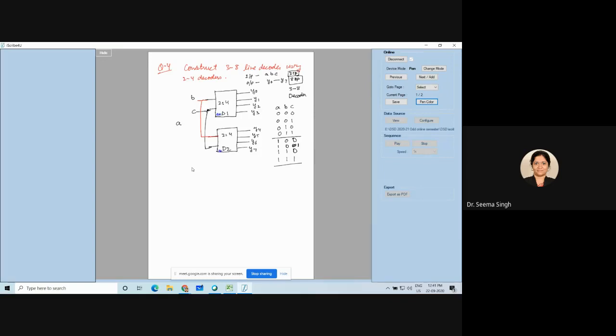A will be connected with a NOT gate to this enable input. Then for the enable input of the second decoder, A can be connected without a NOT gate.